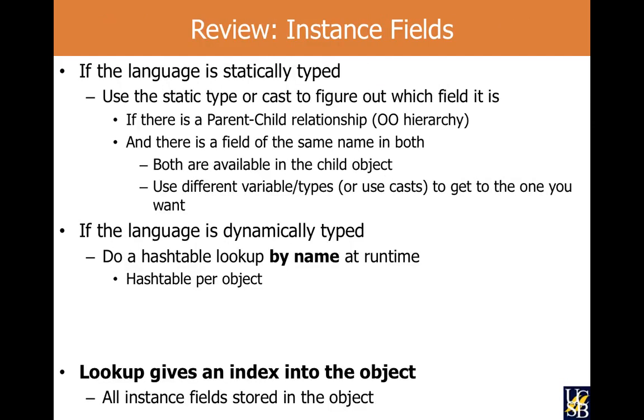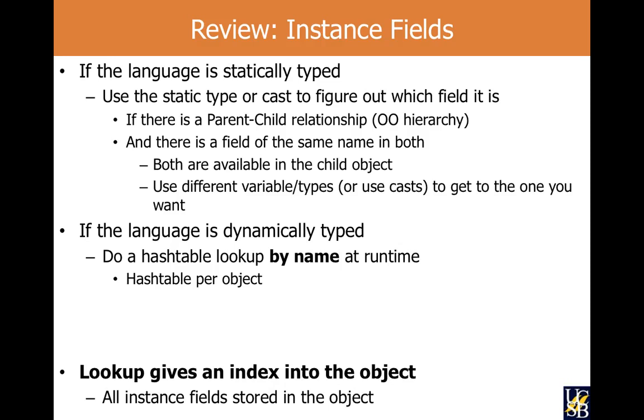Instance fields are fields for which every object instance has a copy. Instance fields are statically typed, which means that we look at the type of the variable that holds the reference to the object to figure out what field we mean.